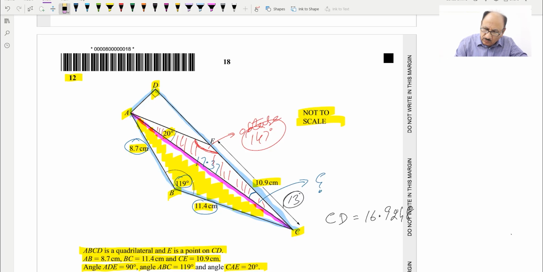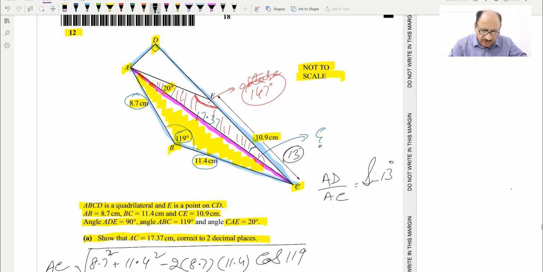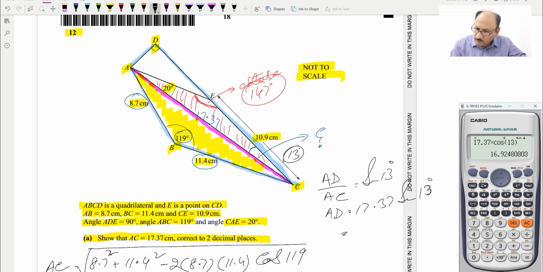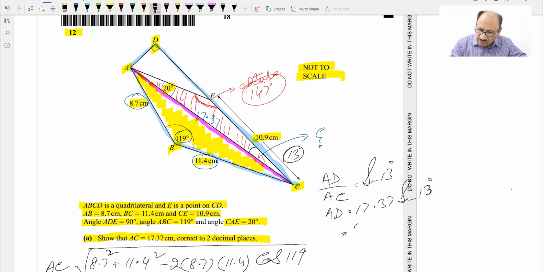AD over AC is basically sine of 13 degrees, and AD we don't have. AC is 17.37, so AD is equal to 17.37 into sine of 13 degrees, and this is giving us 3.907 centimeters.